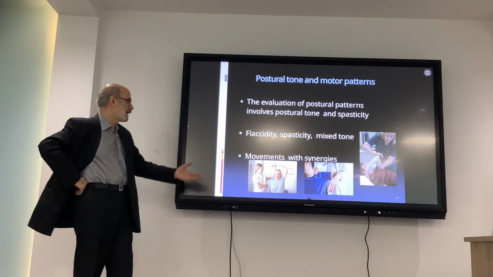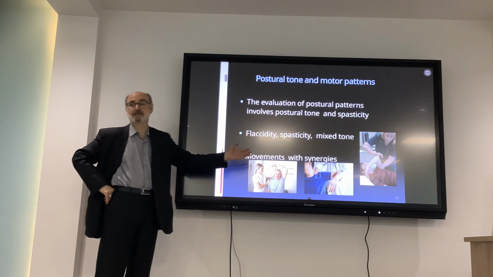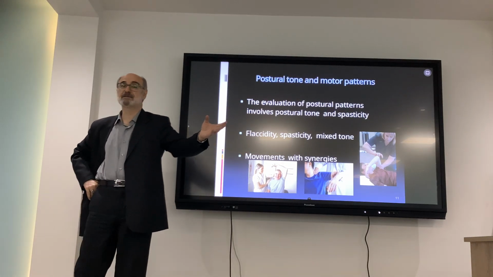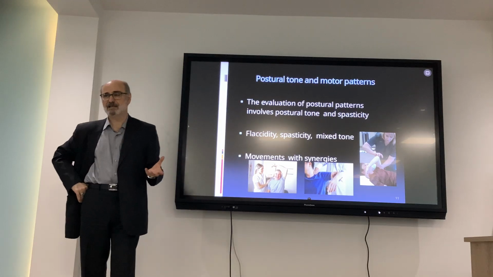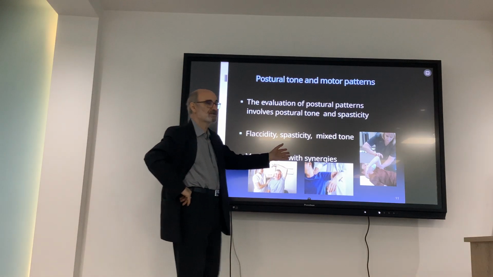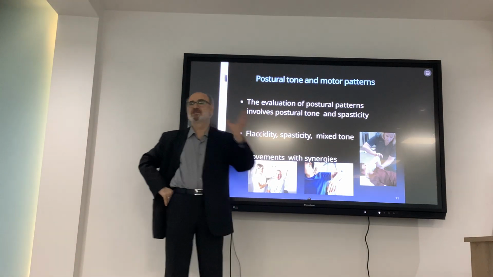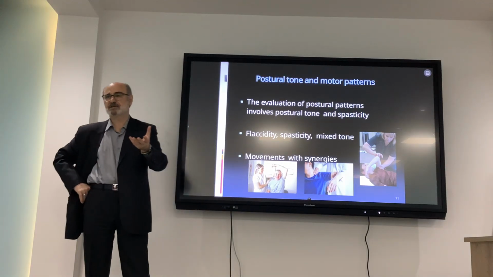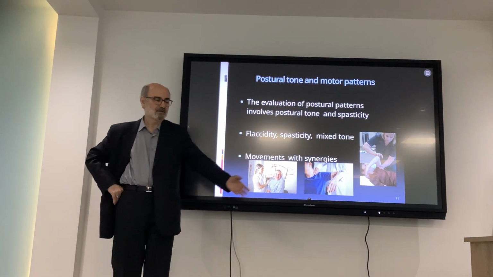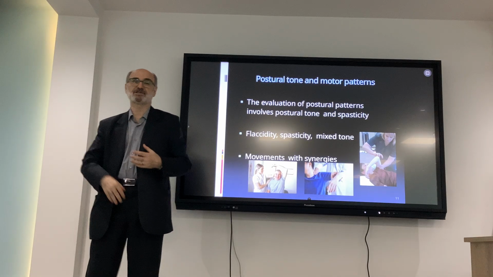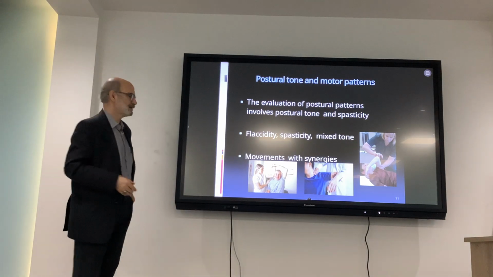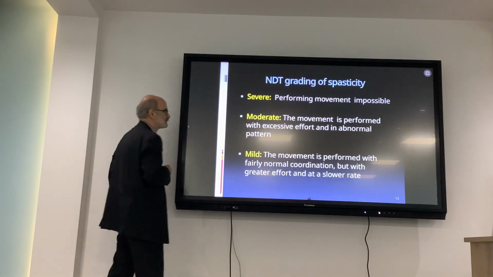All right, and finally, movement patterns of patients with a stroke should be assessed. Is it in the form of synergies and mass patterns? Usually, all patients with a stroke have synergistic patterns, flexion and extension, for the upper limb and the lower limb.